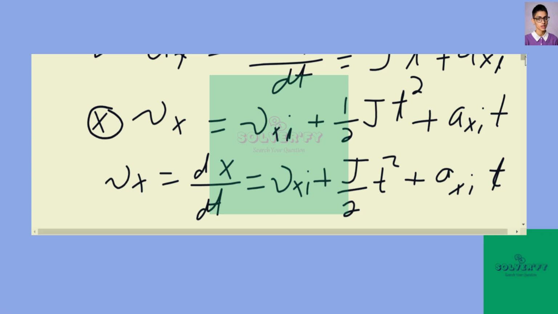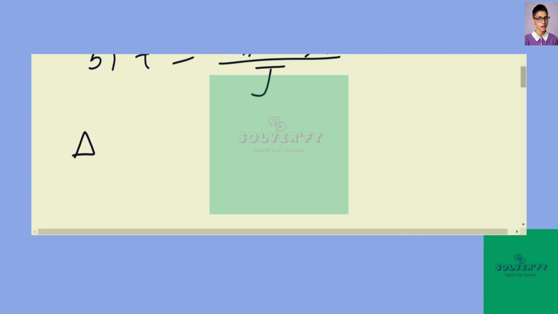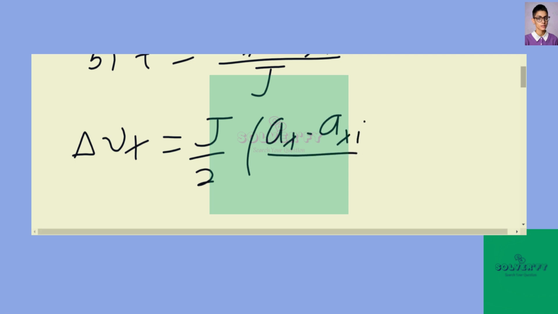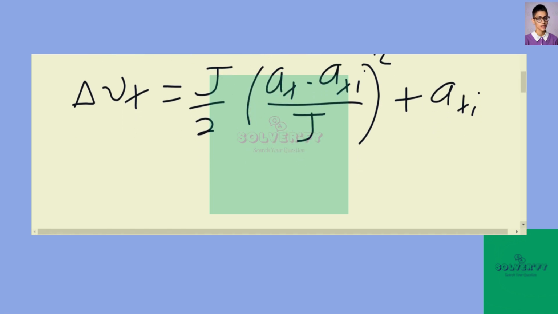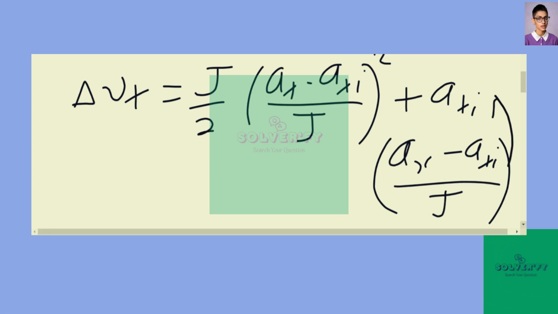So we use the change in velocity, which is equal to the jerk over 2 times this quantity squared, plus the initial acceleration times the time, which is nothing but the difference in accelerations over the jerk. We put this over here.